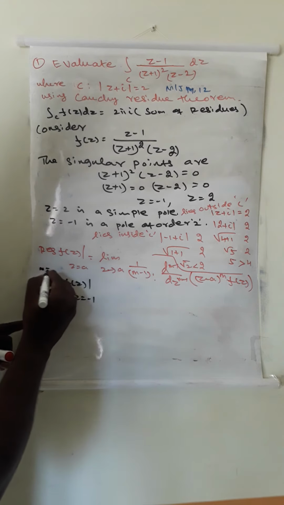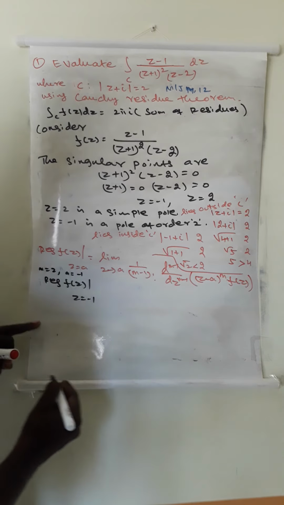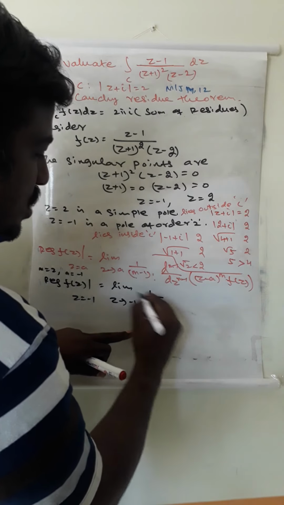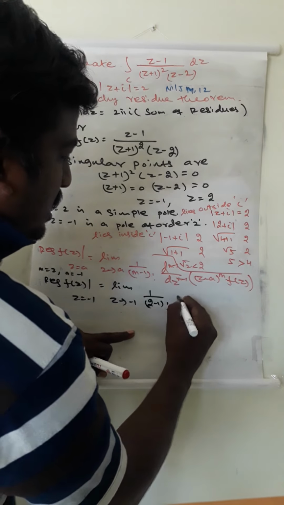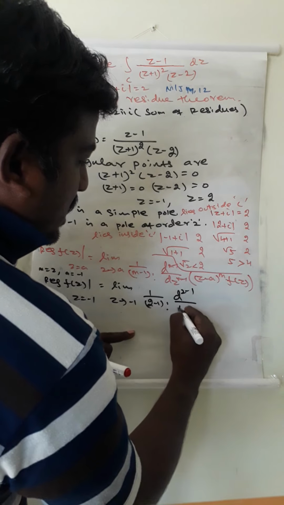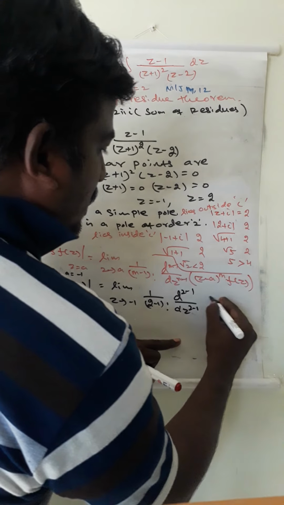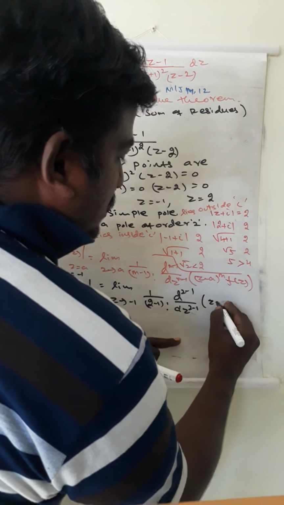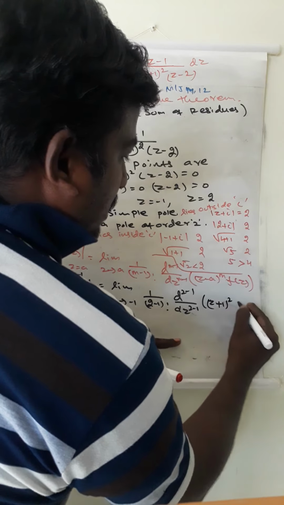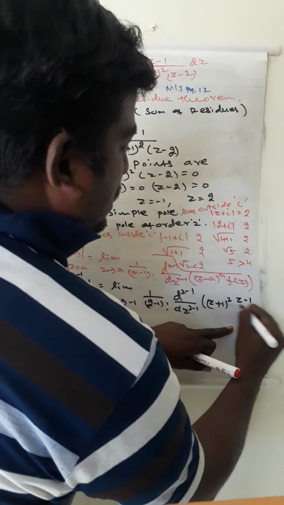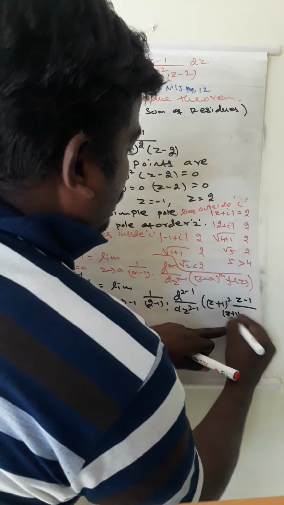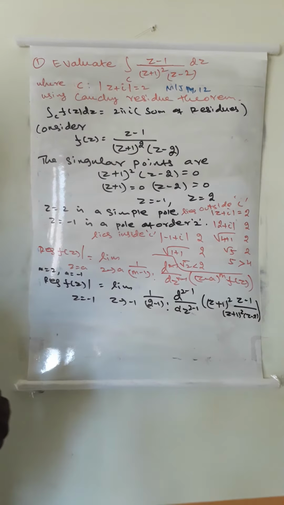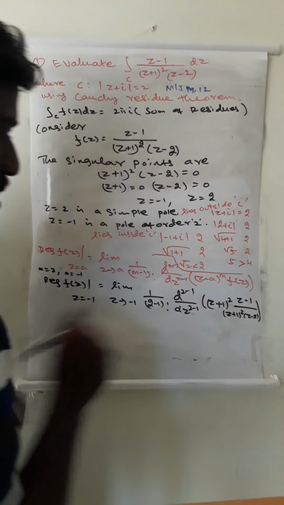So it is equal to limit z tends to minus 1, 1 by (2 minus 1) factorial, d power (2 minus 1) by dz power (2 minus 1), then (z minus of minus 1), so (z plus 1) whole power 2, into my f of z, which is (z minus 1) by (z plus 1) whole square into (z minus 2). Just apply the formula, that's all. So what do you get?